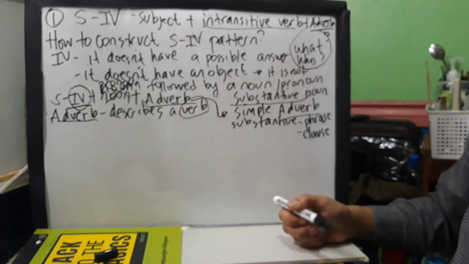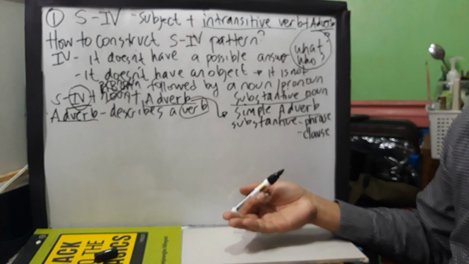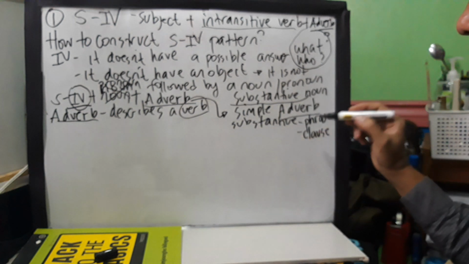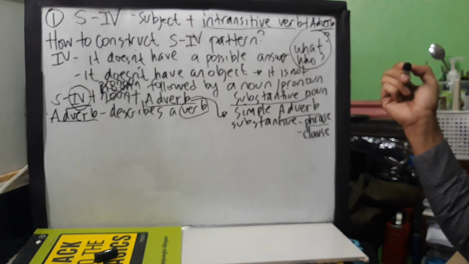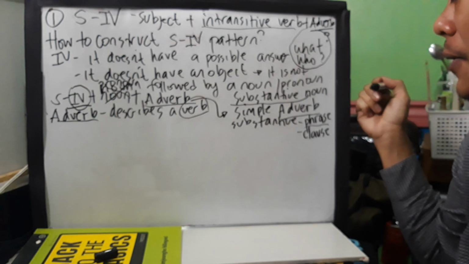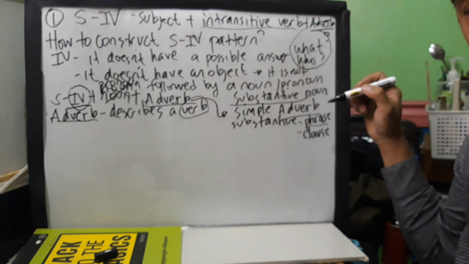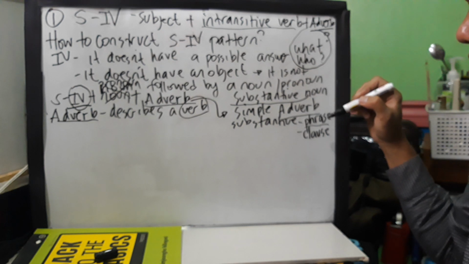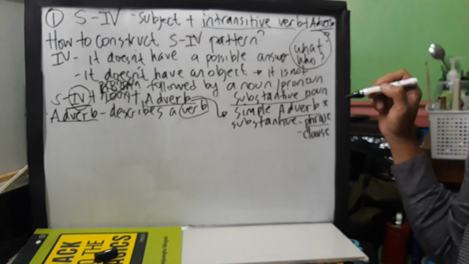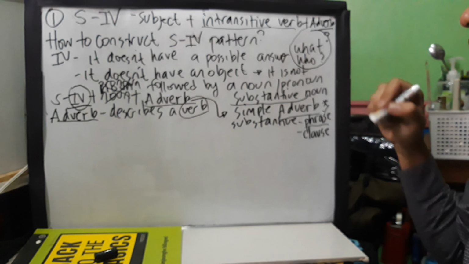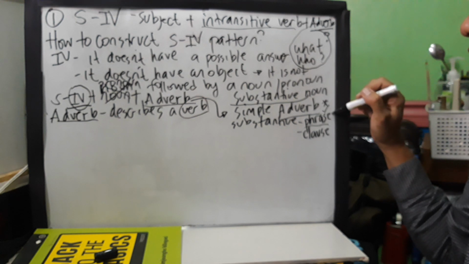Now, guys, I want you to follow all my lessons continuously, because we will study what an adverb phrase is. An adverb phrase has three types. You can have a prepositional phrase adverb, an infinitive adverb, and a participle adverb. So aside from the simple adverb that we can use after the intransitive verb, you can have the substantive, which are your adverb phrases.